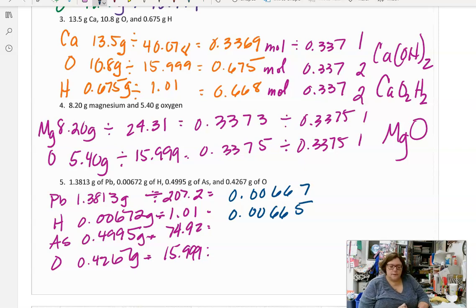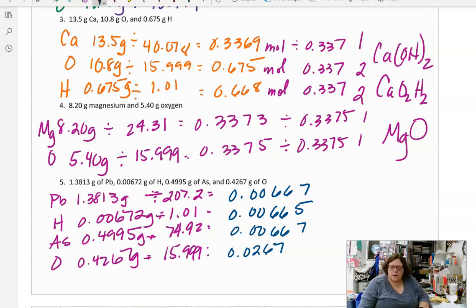0.4995 divided by 74.92, 0.00667, and 0.4267 divided by 15.999, 0.0267.